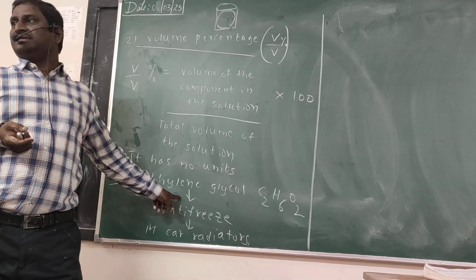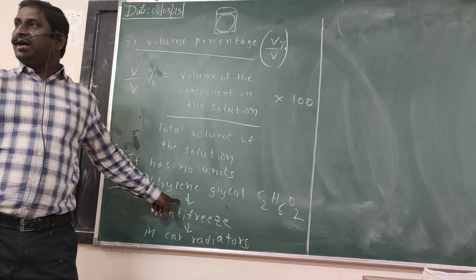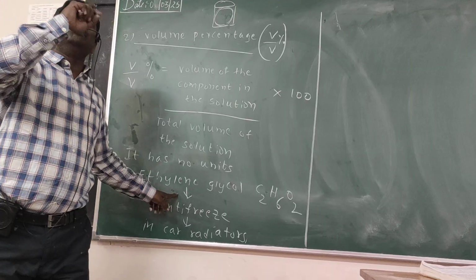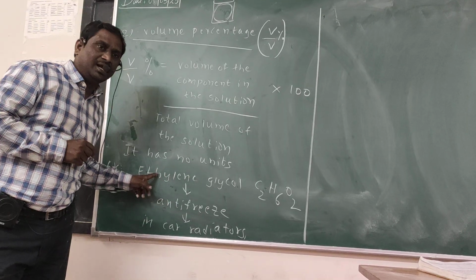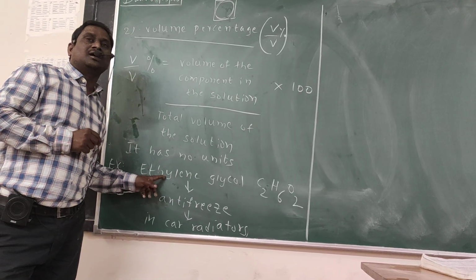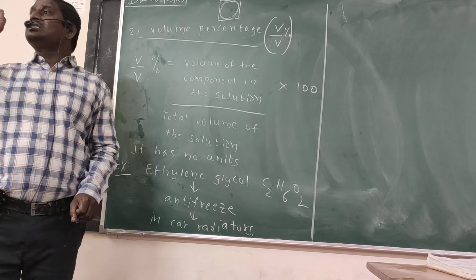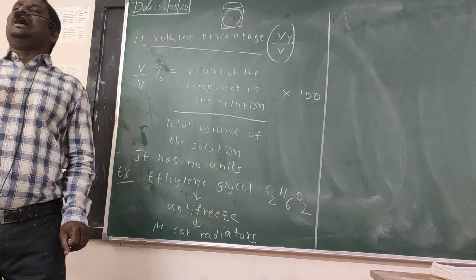Correct? To avoid that freezing, in the car radiator we should add one chemical. What chemical should we add? Ethylene glycol. How much percentage should we add?